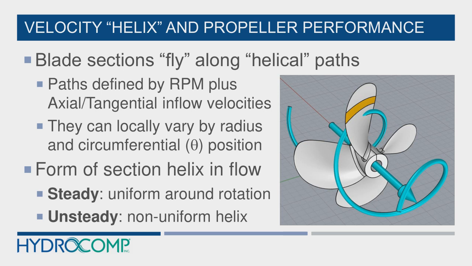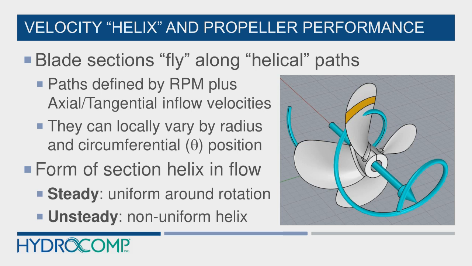And we're going to think of this as a short stubby airplane wing, if you will, that has a shape to it. It has an angle of attack along a path. Well, the path is not linear. The path is a helix. And that helix is defined by the RPM plus the advance velocity of the ship that gives axial and tangential inflow velocities.